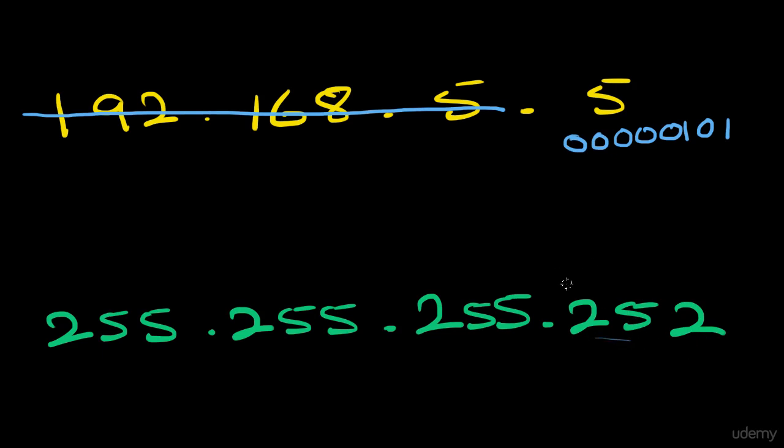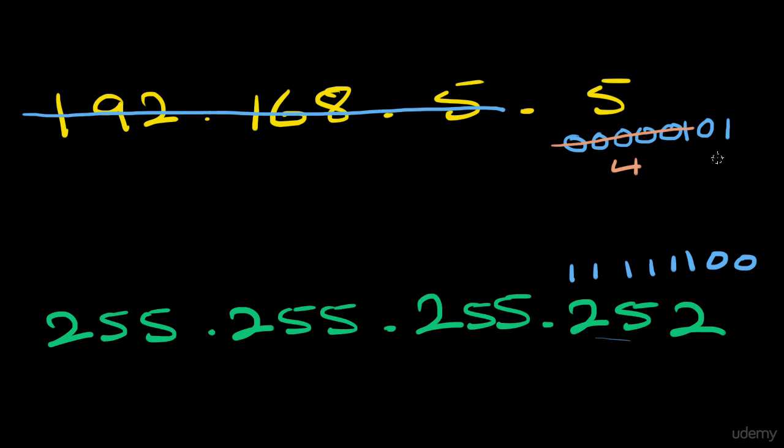252 is 6 ones, 1, 2, 3, 4, 5, 6, and 2 zeros. Therefore, these 6 ones are covering these 6 bits. What's the value of these 6 bits? Well, it's 4, because that's the only column with a 1 in it, the 4 column. So this is 4.